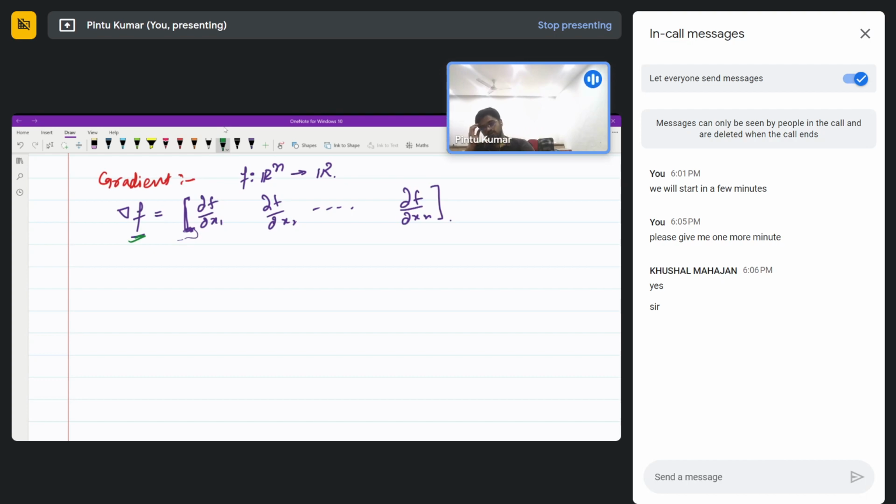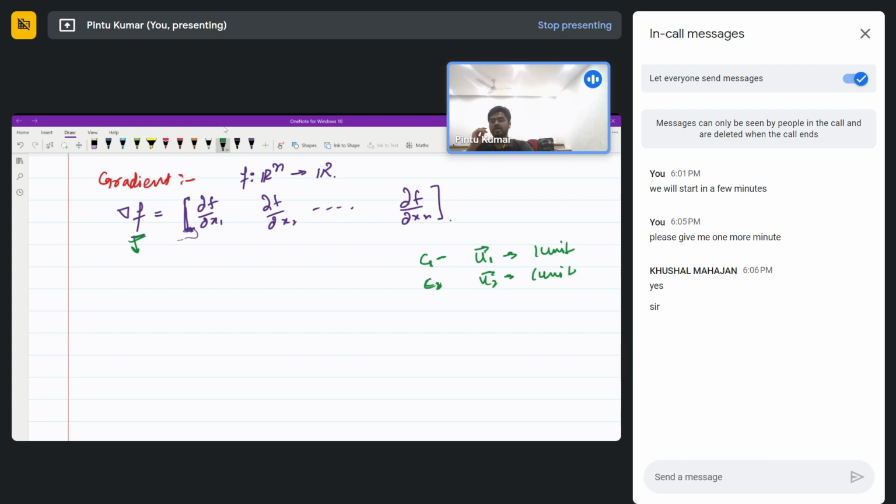Let's say you are moving in u1 direction by 1 unit and in u2 direction by 1 unit, and you observe change C1 over here and change C2 over here. Then there must be some direction in which this change is maximum, where the function is increasing the most.